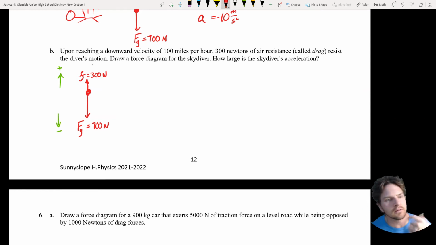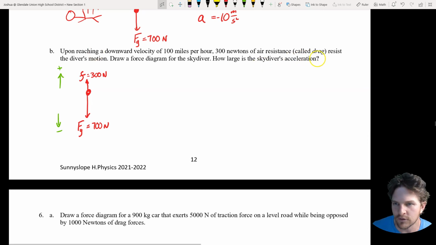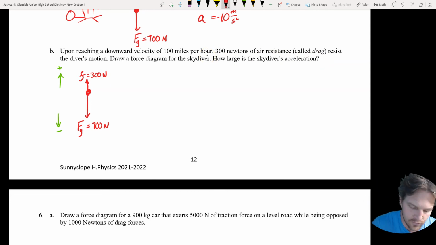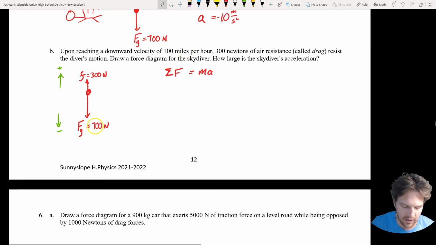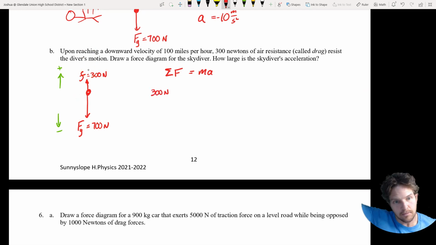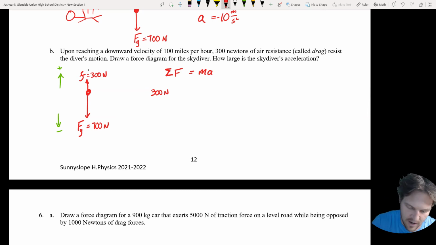So, if I want to solve for their acceleration, how forces relate to accelerations, that's all Newton's second law stuff. So start with Newton's second law. Now I just need to add these up. I have positive 300 because it's going up, and then plus negative 700, so minus 700 newtons.